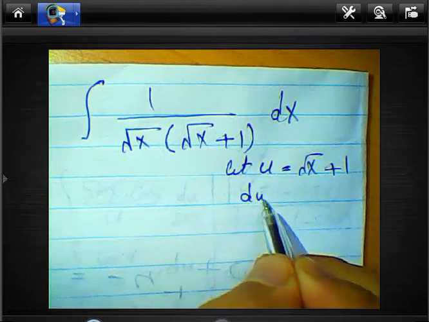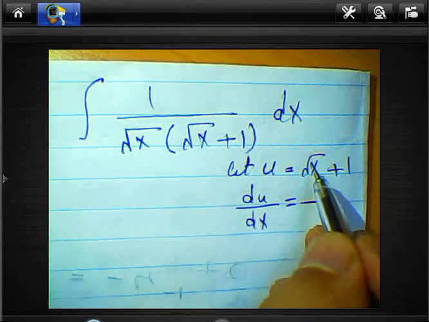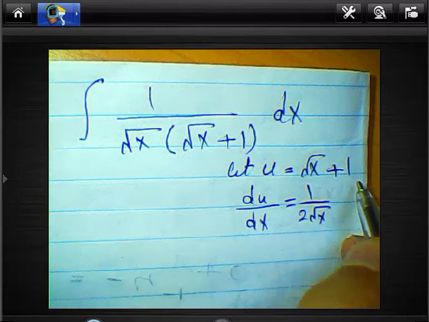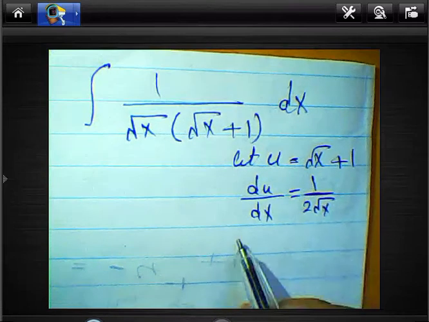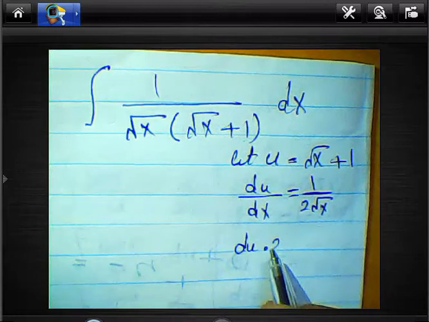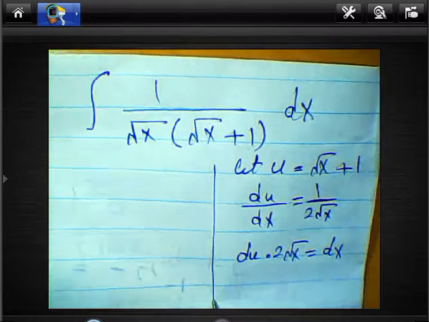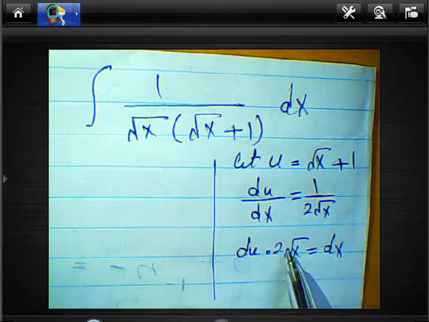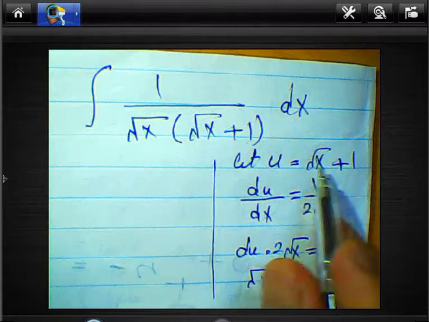So the derivative of u with respect to x equal, we know the derivative of root x equal 1 over 2 root x, and the derivative of 1 equals 0. Then we can write du multiply 2 root x equal 1 times dx. Okay, and in this example root x will be equal u subtract 1.